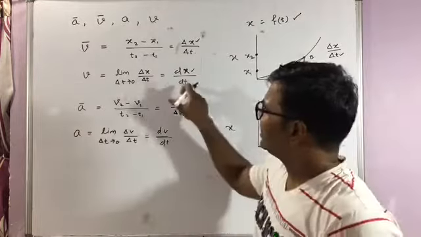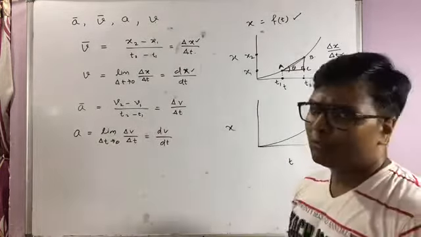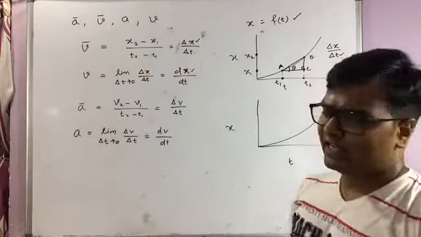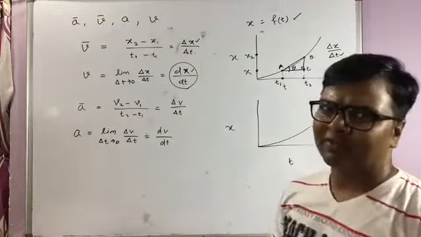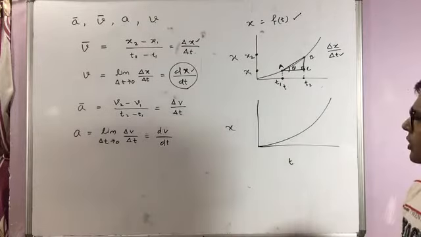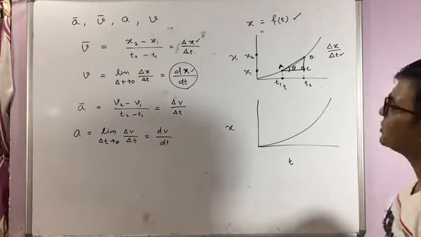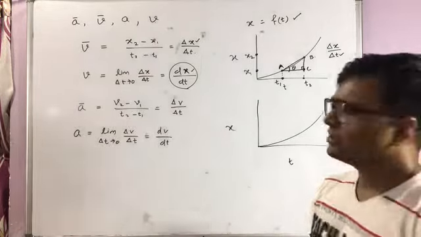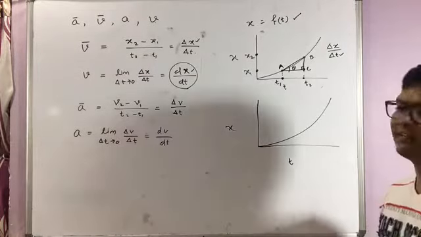V is equal to dx by dt. In your previous classes of derivative, I have already told you what is dx by dt. Dx by dt is what? Nothing but the slope of a graph at a particular point. It is nothing but the slope of a tangent at a particular point to the graph. That is called your derivative.